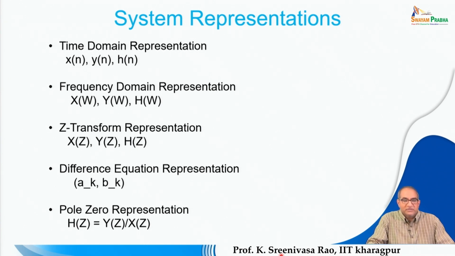There is a simple difference between convolution and correlation. In the formulation, for convolution y of n is the summation of x of k into h of n minus k, whereas in case of correlation, in place of h of n minus k, it happens to be h of n plus k.